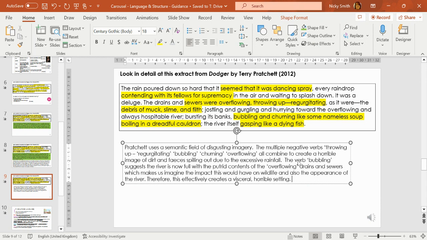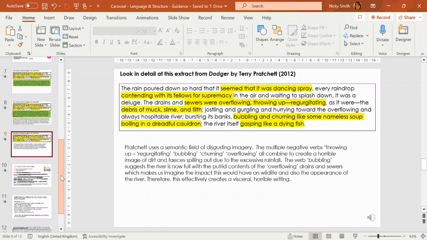There we go. So we could talk about the semantic field. In this case, it's been quite difficult, I'll be honest, trying to think what the semantic field is. Sometimes it's more obvious, but I'm just trying to show an example of how you combine semantic fields.